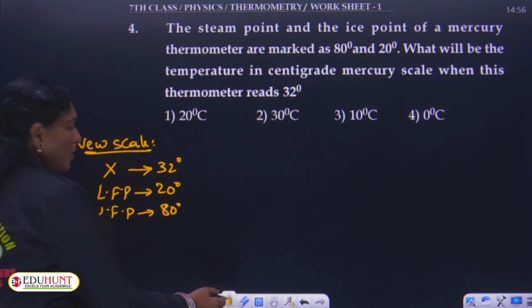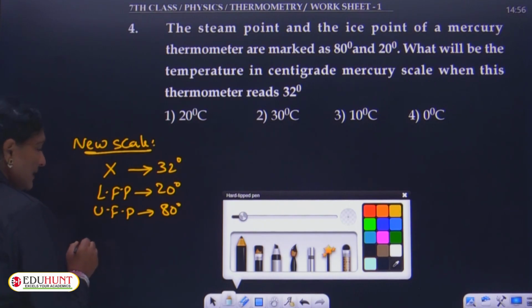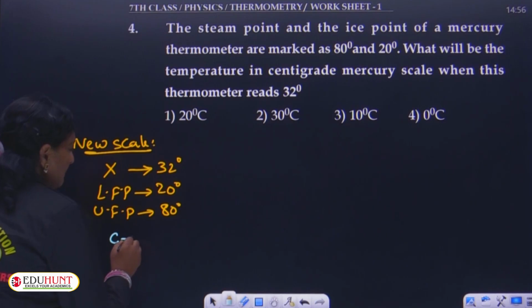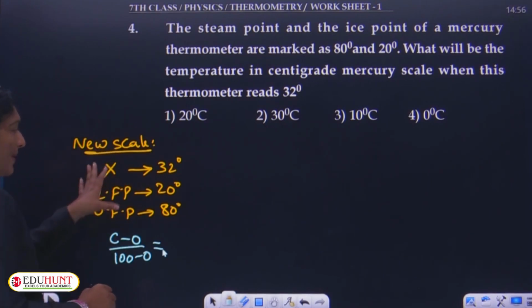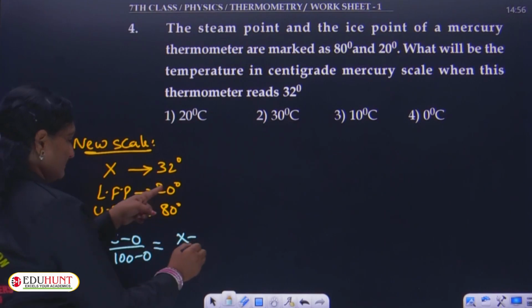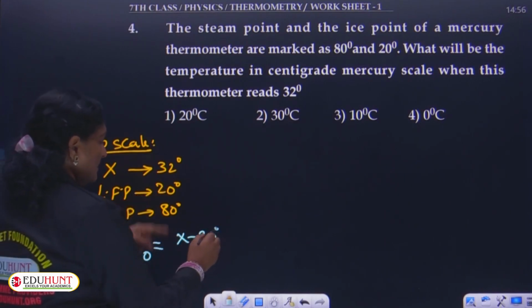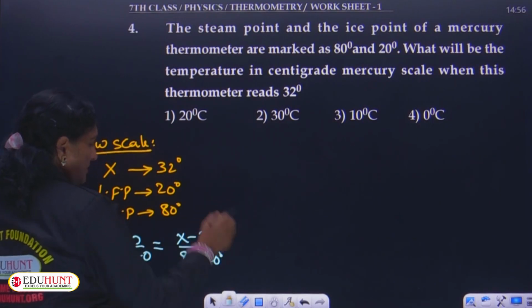But we know the formula between any two comparable scales: thermometric reading minus LFP upon UFP minus LFP. If you consider the Celsius scale, C minus 0 upon 100 minus 0 is comparable to the new scale reading minus the LFP of the new scale, 20, upon 80 minus 20.